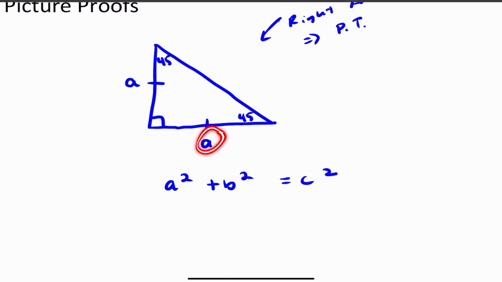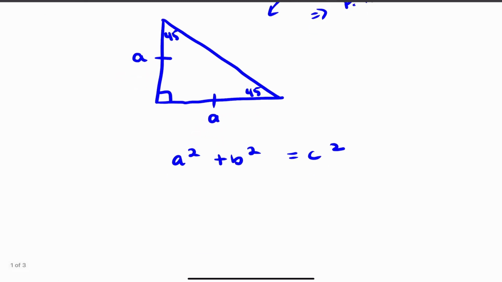I'm going to call this A, and this B. So I plug it in: a squared plus, this is my B, that's another a squared, equals my c squared, which I don't even know. I'm just going to call that c.